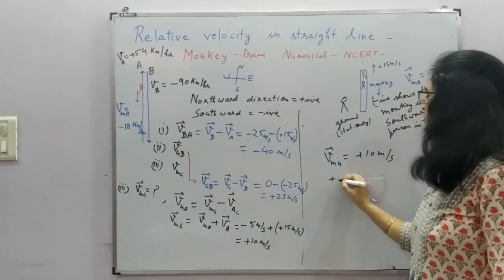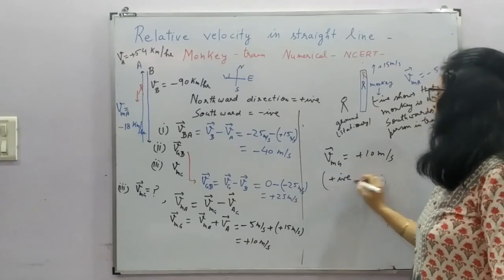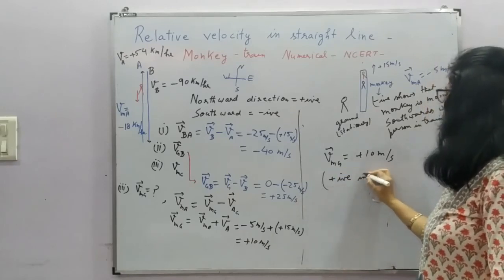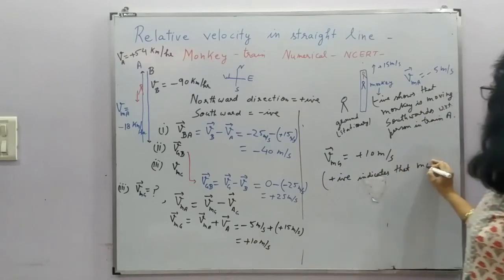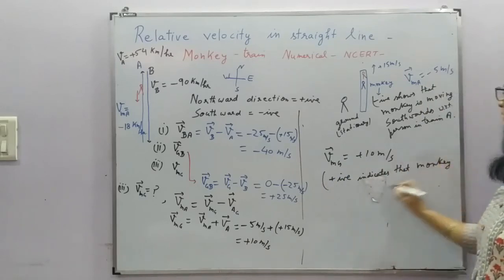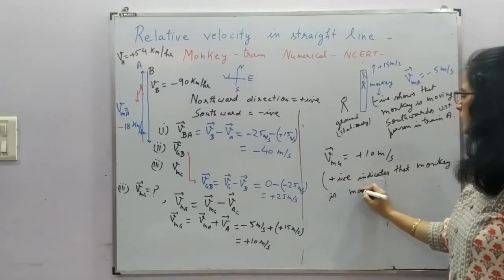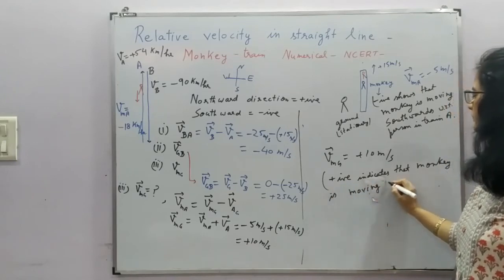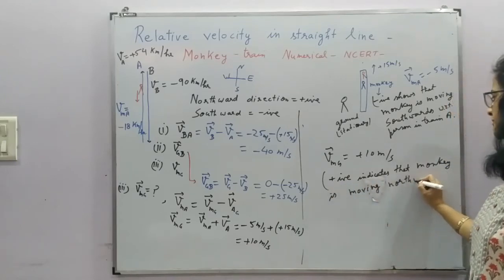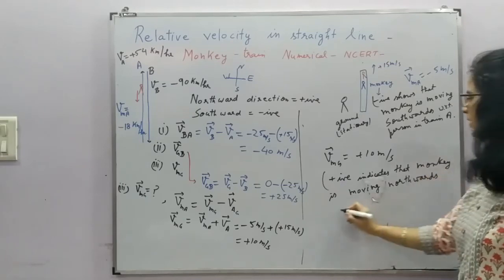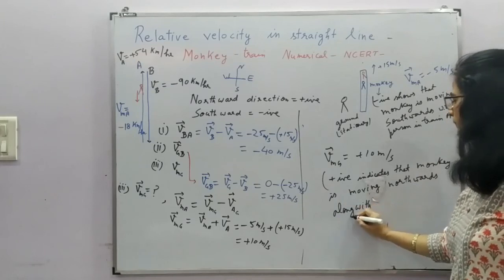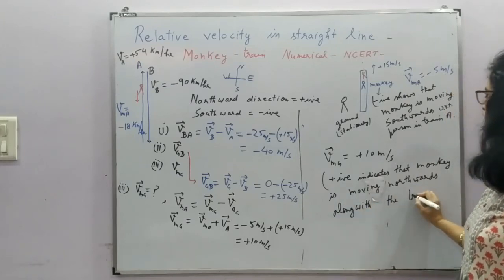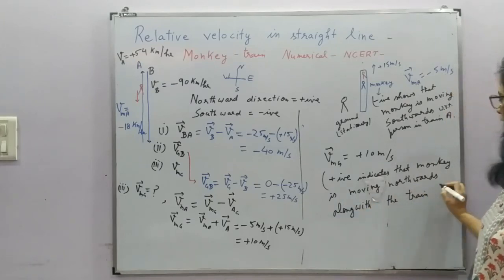So this positive indicates that the monkey is moving northwards along with the train, right?